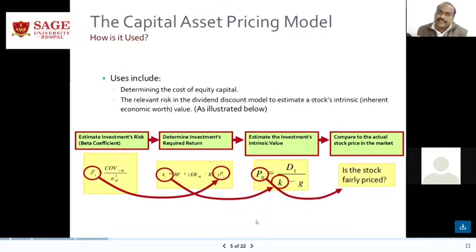And once it is decided, then you have to estimate the investment's intrinsic value. Have you heard these words, intrinsic value, which you might have heard in the concepts of time value of money?